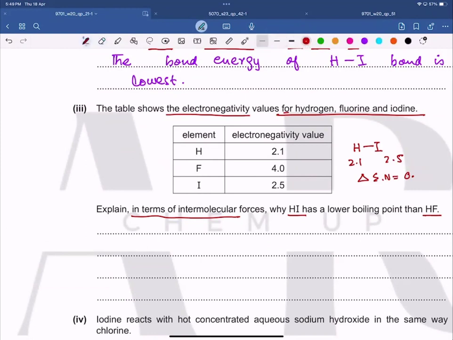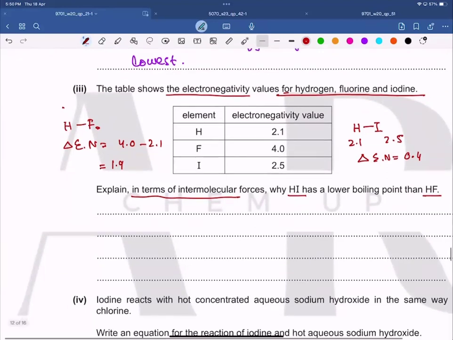So here we are getting a difference of 0.4, and here we are getting a difference of 4.0 minus 2.1. So if you do not mention hydrogen bonding over here, because in this context we are clearly getting that HF has a permanent dipole and that one doesn't have a permanent dipole. So you just need to write that HF has permanent dipole forces, HI has induced dipole forces, and permanent dipole forces are stronger than induced dipole forces.